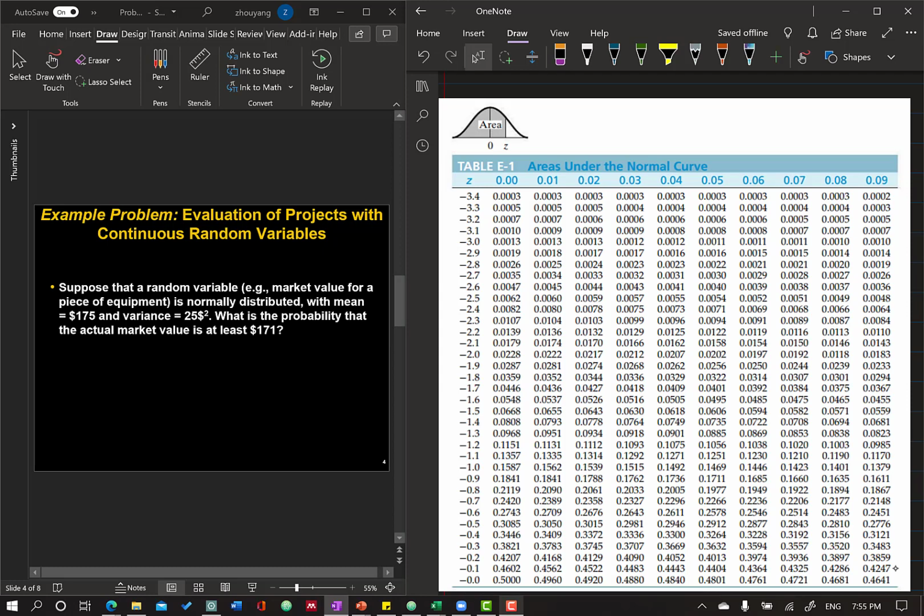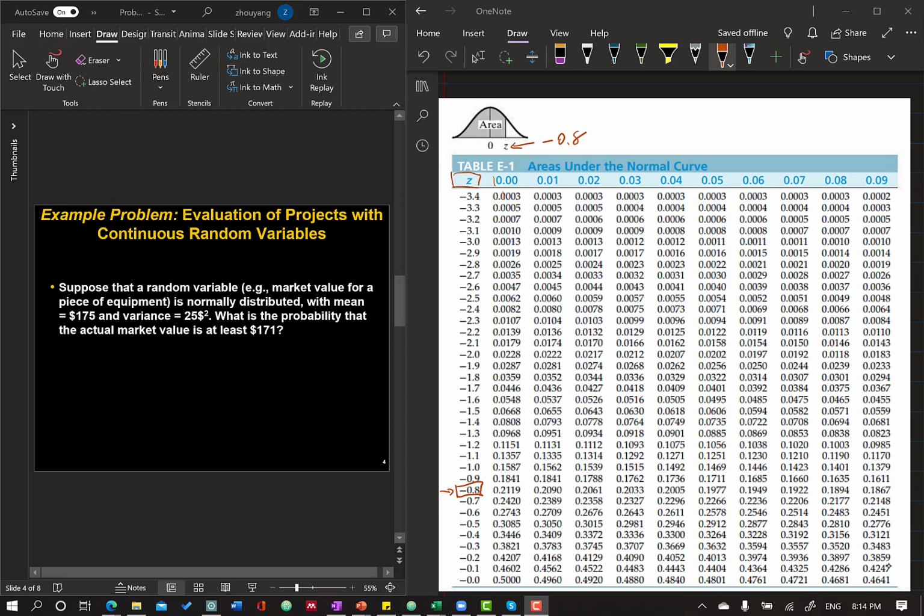This is the lookup table from the textbook, and for this problem, the z is the converted one, negative 0.8. We first look at the z column and find the value we are interested in, negative 0.8, at this row.